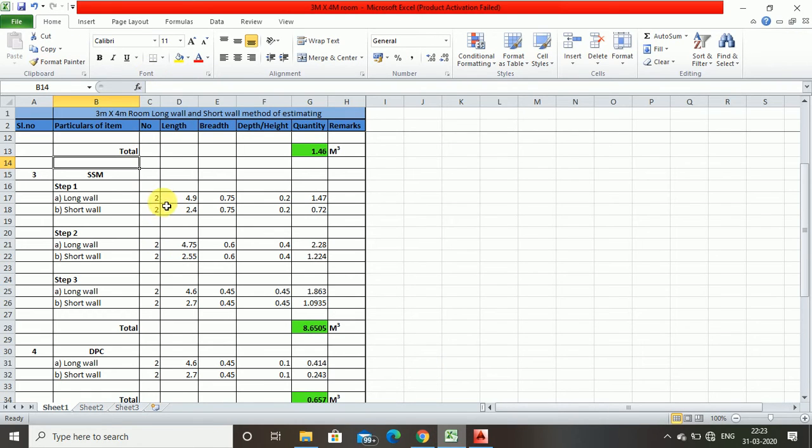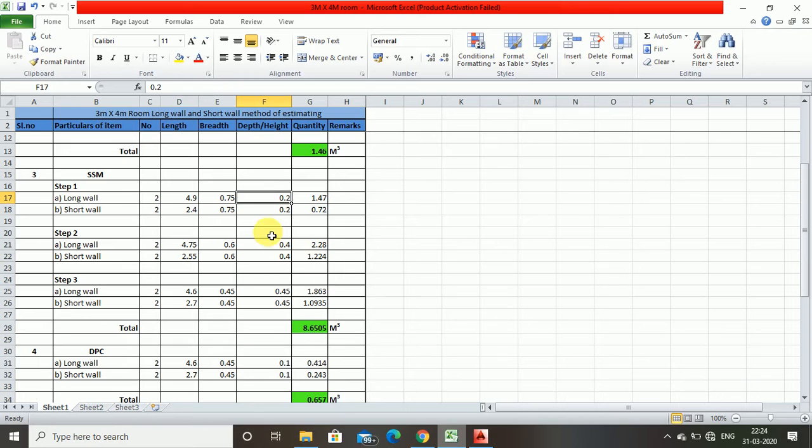So the numbers are 2, the long wall length is 4.15, and the width of first step is 0.75. So on either side half of the width we will take, and in short wall half of the width is deduction. So this is 4.15 plus 0.75 by 2 plus 0.75 by 2.